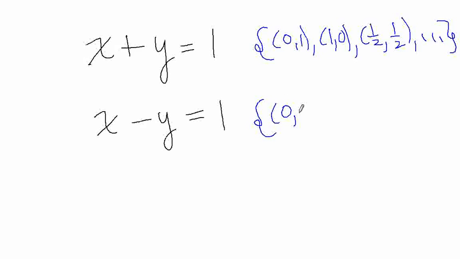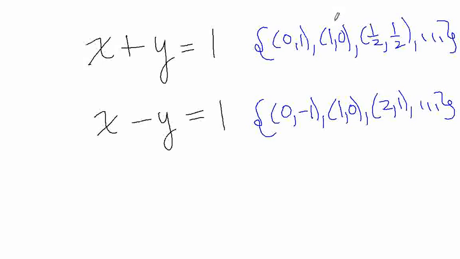Okay, the second linear equation has a corresponding solution set as well, such as (0, -1), (1, 0), (2, 1), and so on. Okay? What you need to do is find points that show up in both of those blue sets.